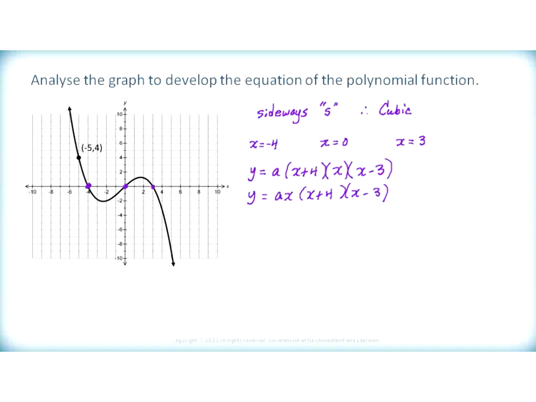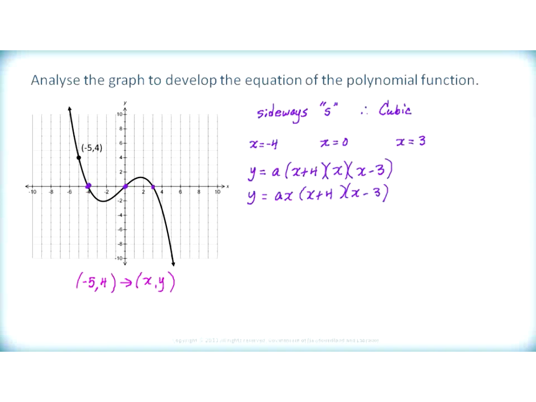In order to determine the value of a, we need to find a point on the graph of the polynomial function that the graph passes through. Note that the graph passes through the point (-5, 4). We will substitute these values in for x and y into the polynomial function to determine the value of a.